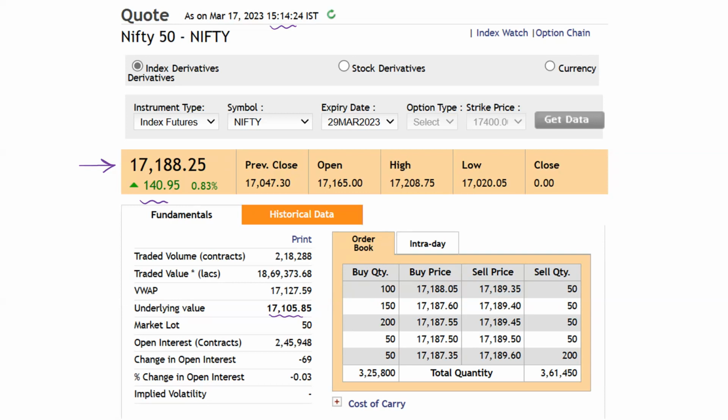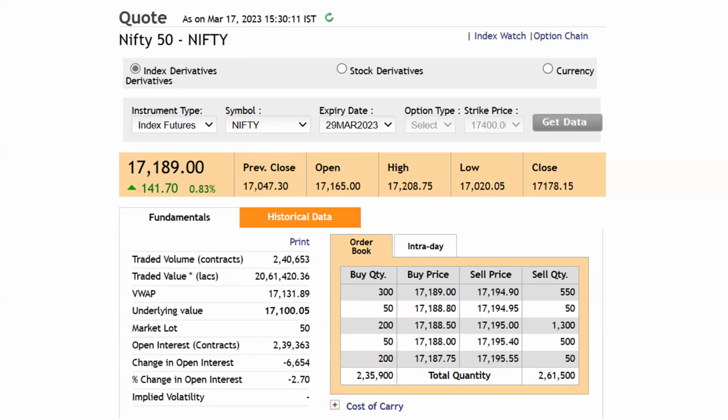Let's see the closing prices. At 3:30, the closing price of futures is 17,189 and the closing spot price was 17,100.05. So compared to the previous day's closing of 17,047.30, today Nifty futures are up by 141.70 points.